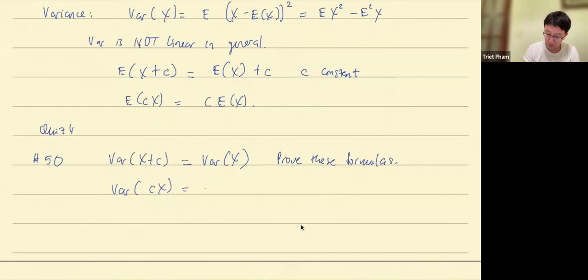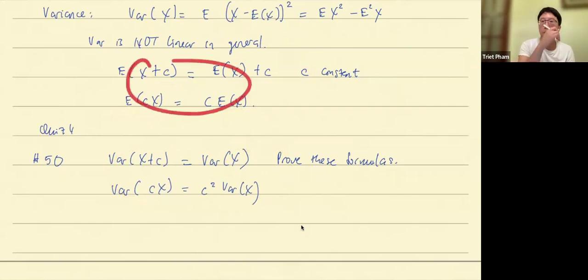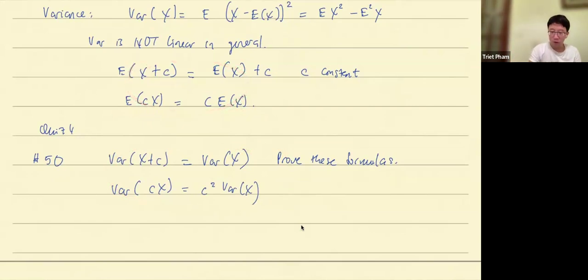It will be C squared times the variance of X. Again, not like this. And so even at the level of interacting with a constant, variance already behaves differently than expectation. So how do we prove this?